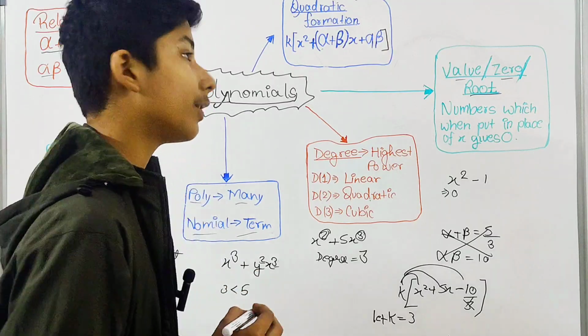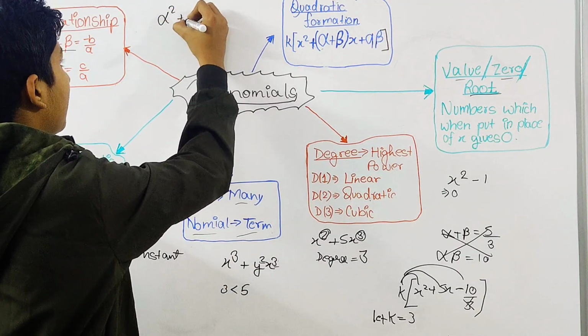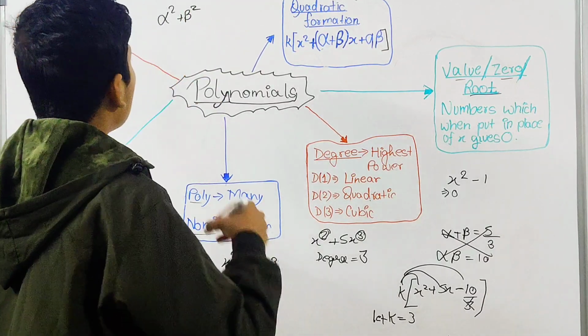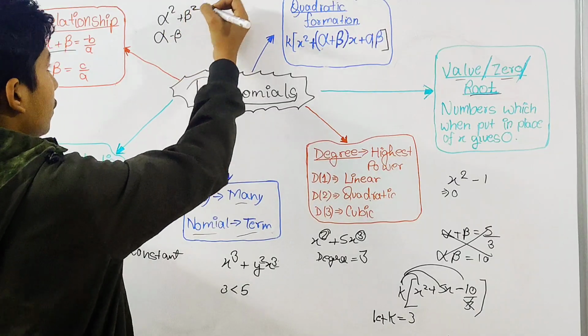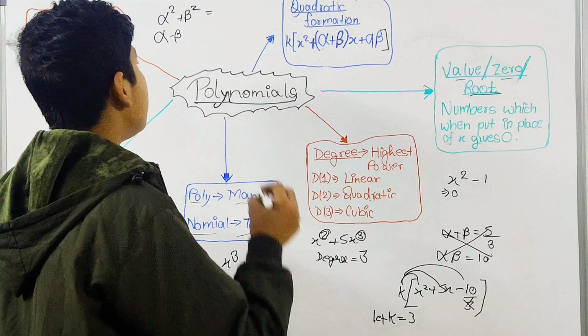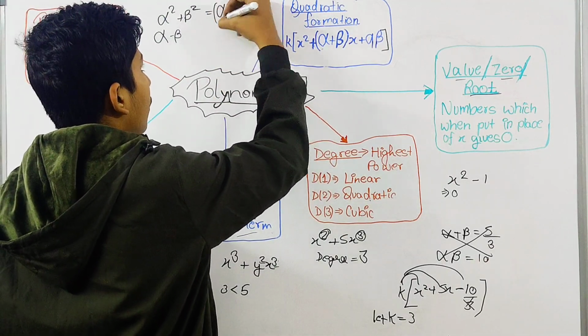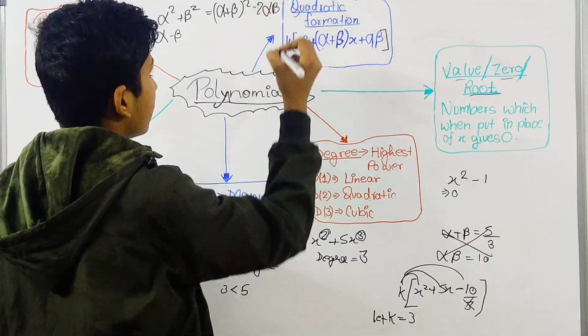Now there is one more thing. If it has been said to you that you have to find alpha square plus beta square, there are many formulas like this. If you have to find alpha minus beta and many more. So to find alpha square plus beta square, you know alpha plus beta whole square minus 2 alpha beta.